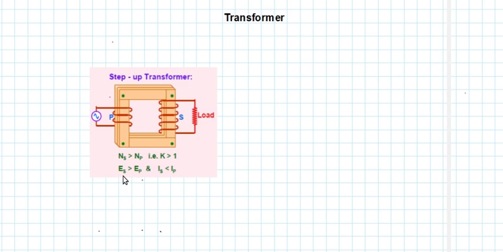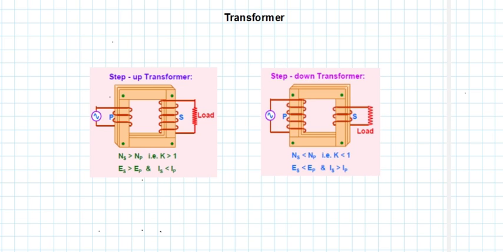If there is more voltage, there will be less current, because the product Es into Is should be a constant. So if Es is more, then Is will be less. Since Es is greater than Ep, Is is less than Ip. That means the secondary current will be less than the primary current.